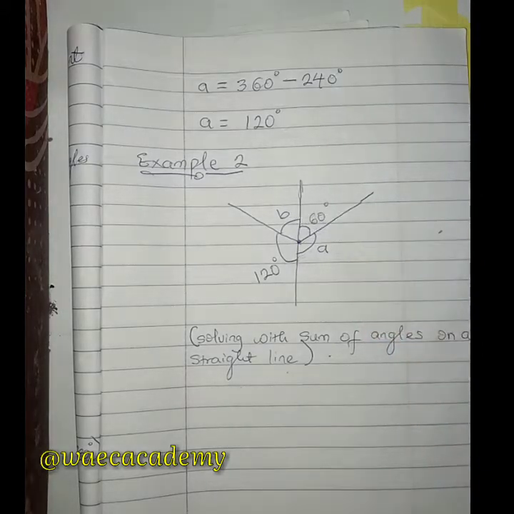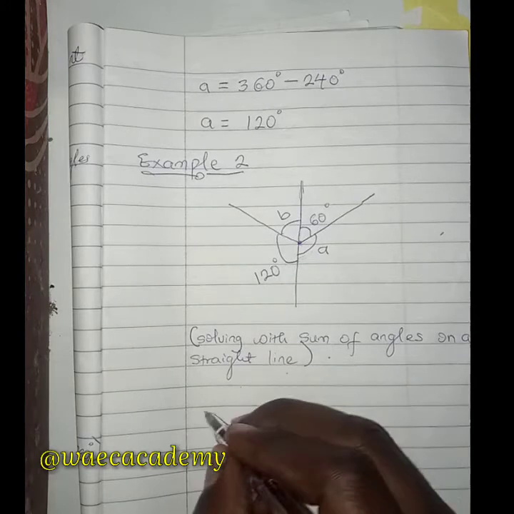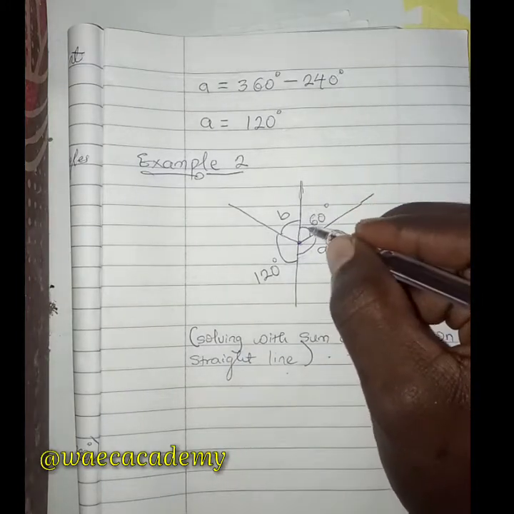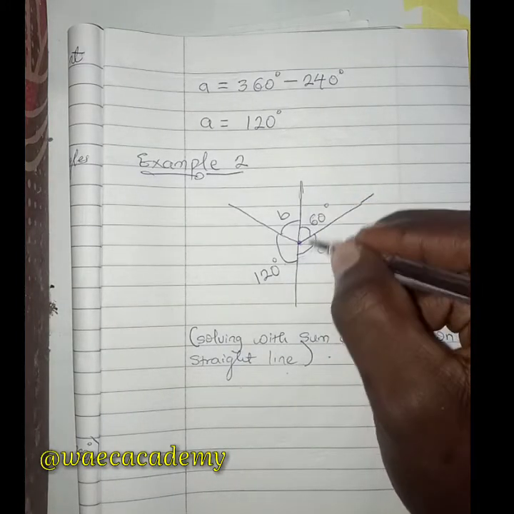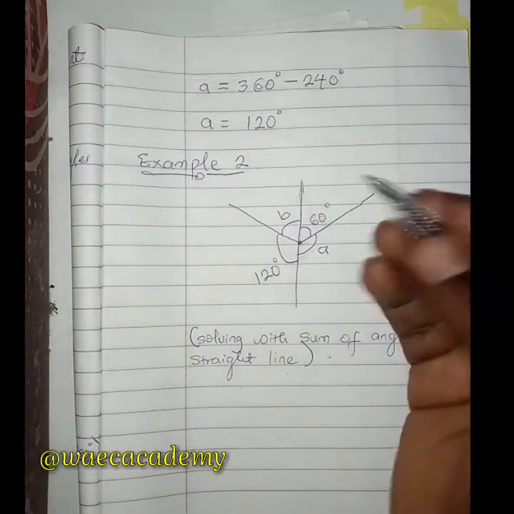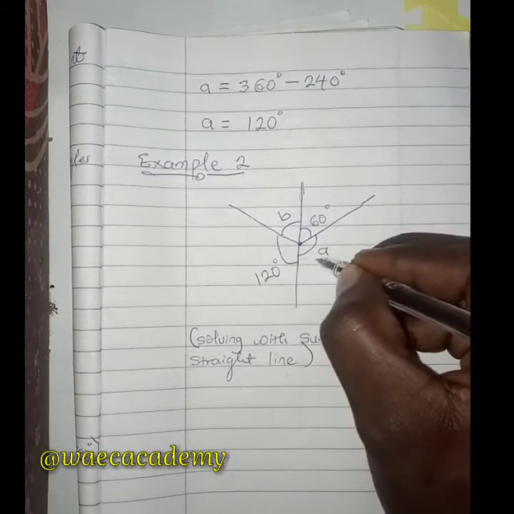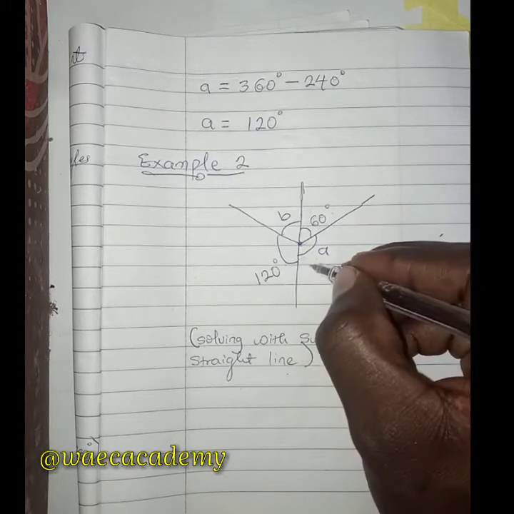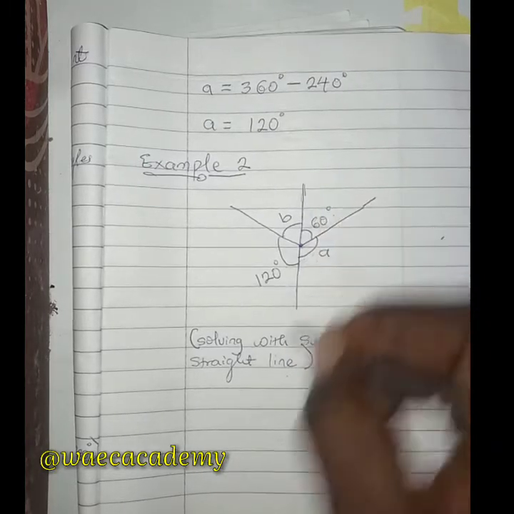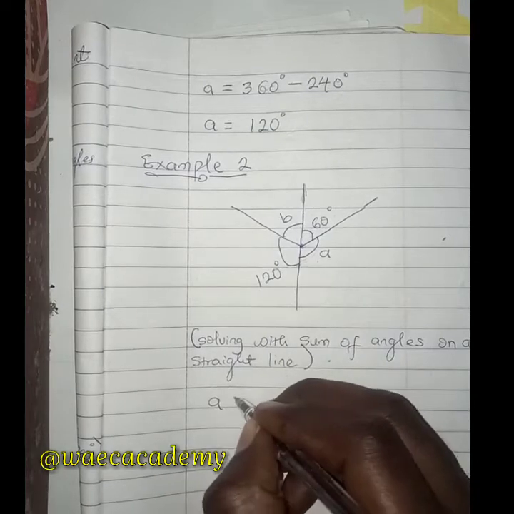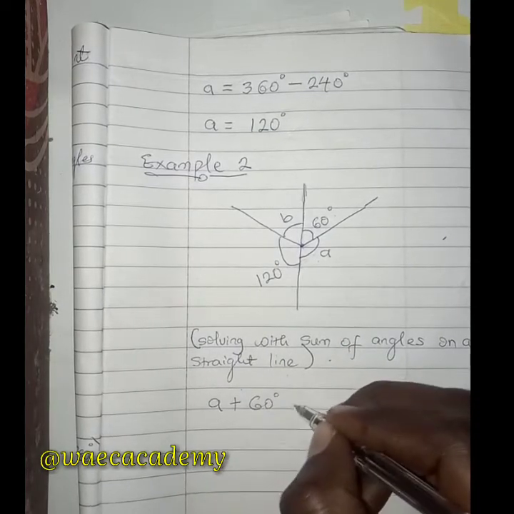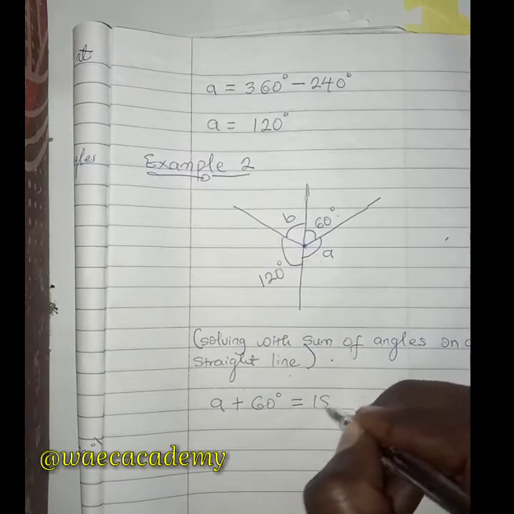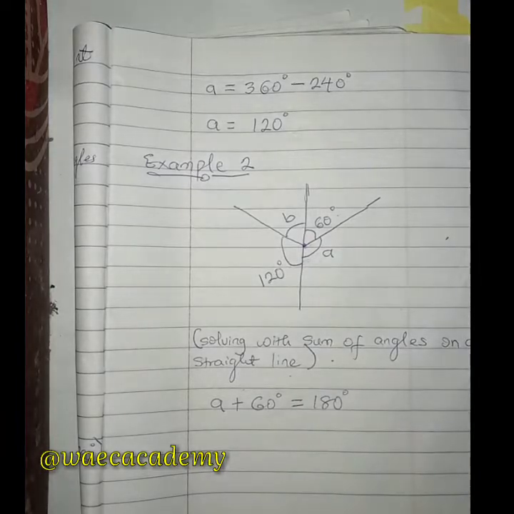Okay? So let's continue. Let's try to find A. For the first part of this straight line, the right side of the straight line, A and 60 are the total number of angles on this side of the straight line. So we can go with A plus 60 degrees equals 180 degrees.